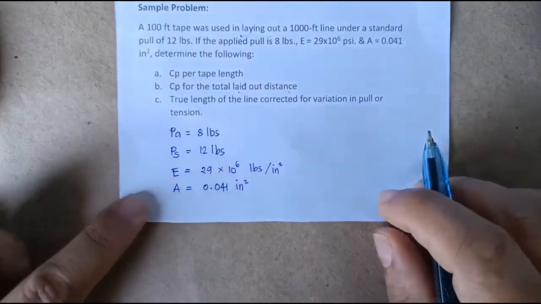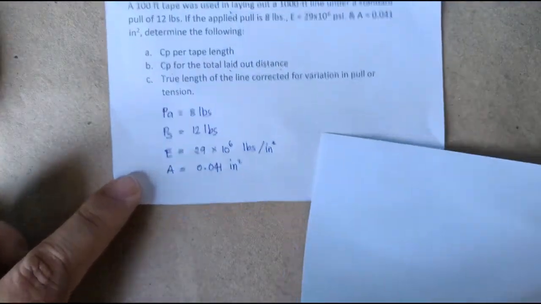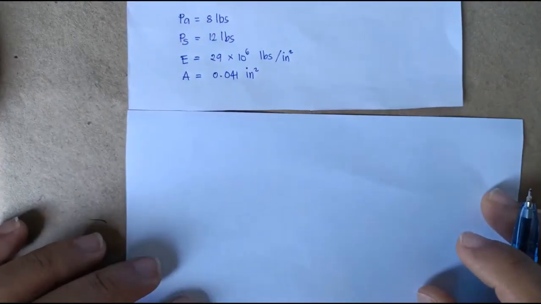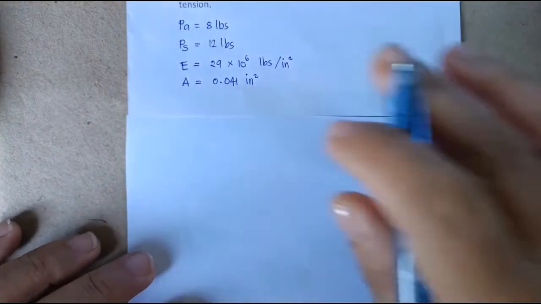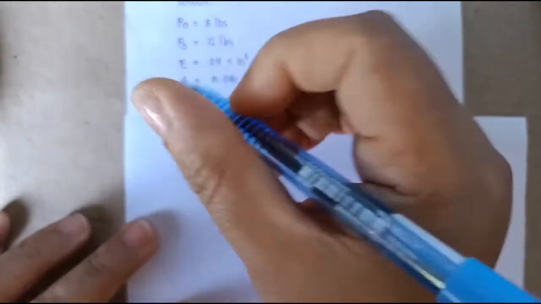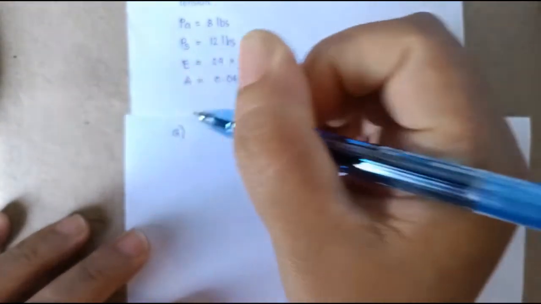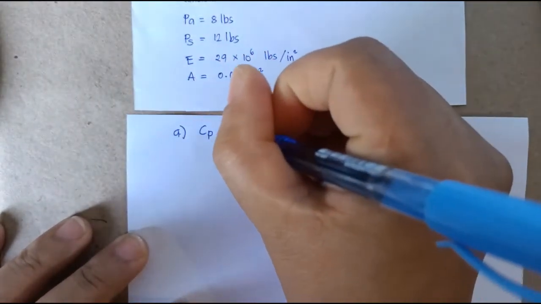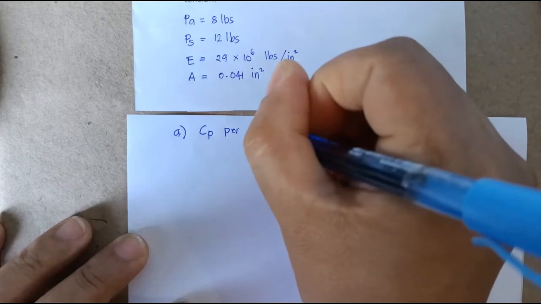So from the formula for tension, we will solve for the correction per tape length. So that is CP per tape length, in one tape length.